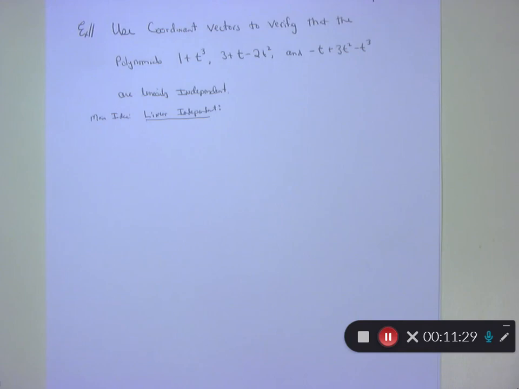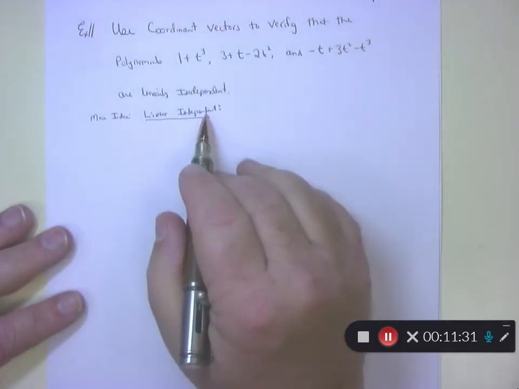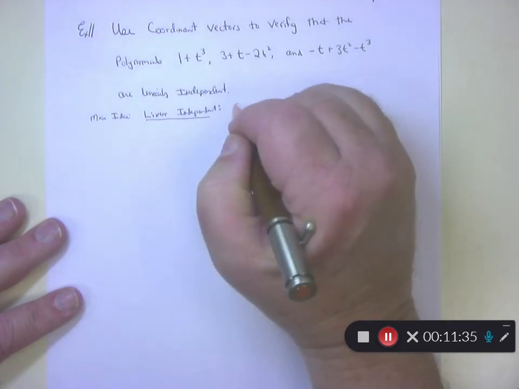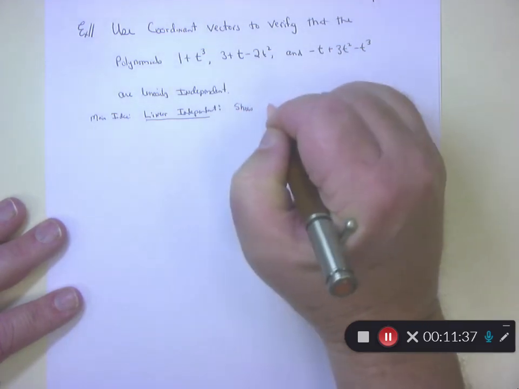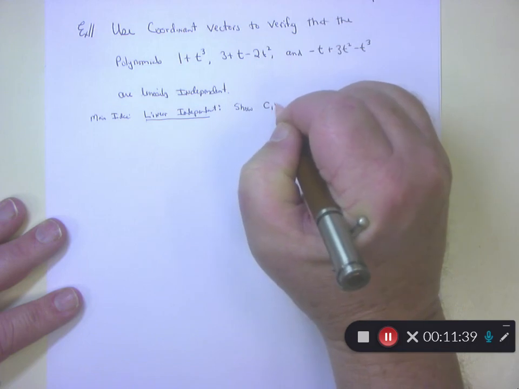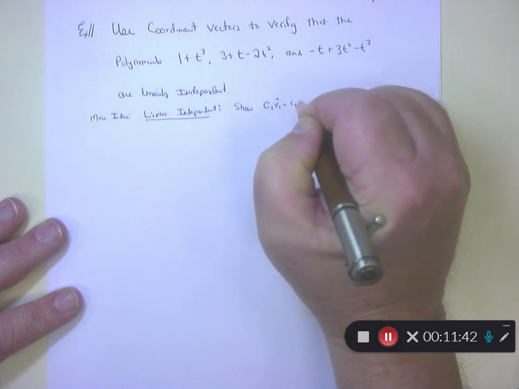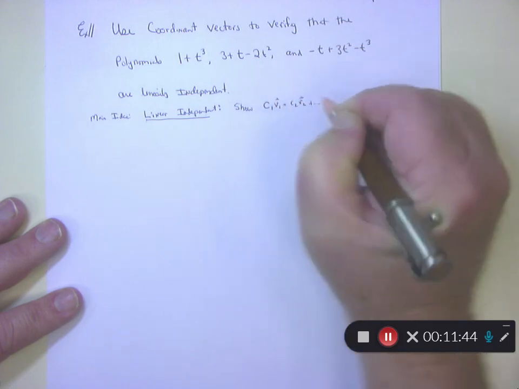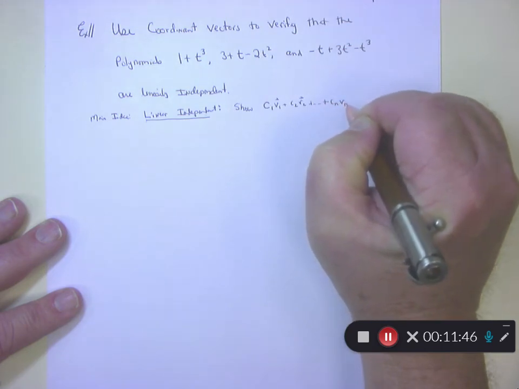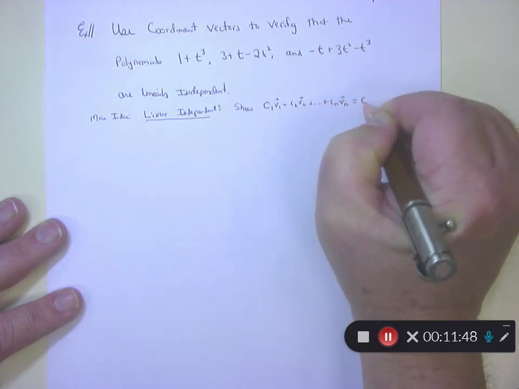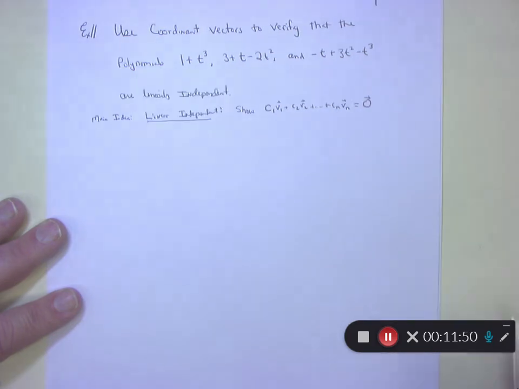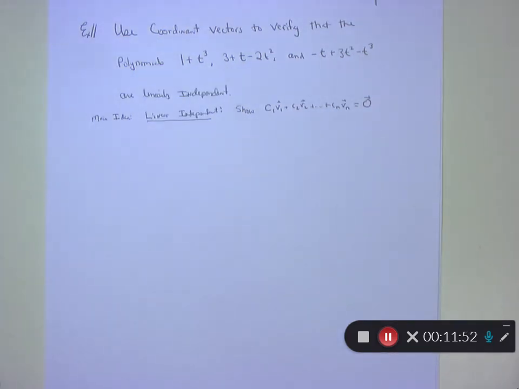So this is what you need to think of. To show linear independence, or linear dependence for that matter, you have to show, for linearly independent, that when you have C1 times vector 1 plus C2 times vector 2 plus dot, dot, dot, plus Cn times vector Vn, and you set it equal to 0, or in this case the 0 vector, if they're linearly independent, what's the deal?